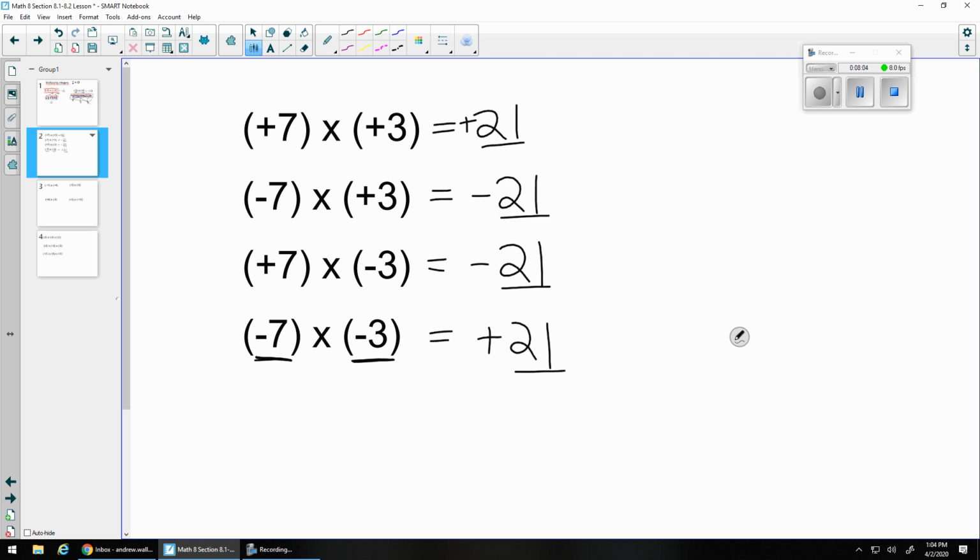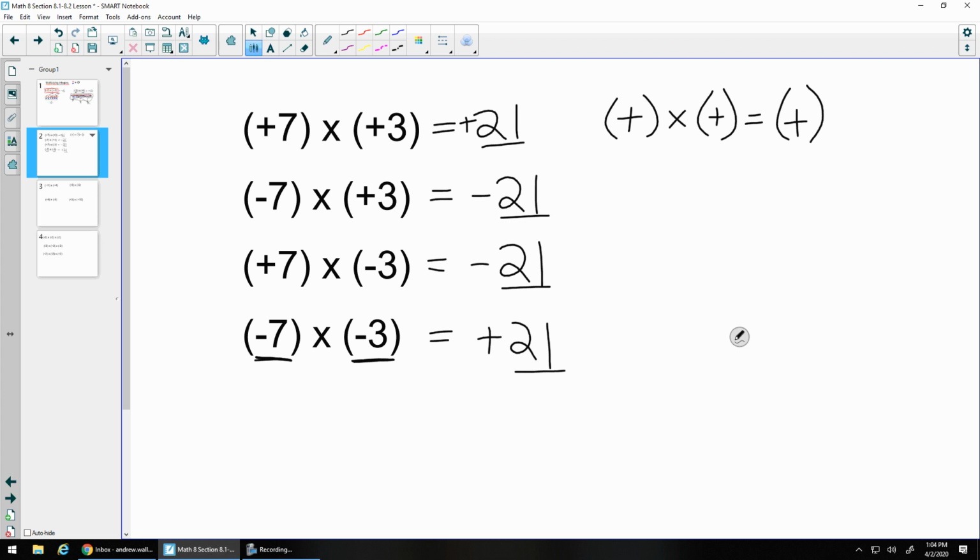So here's sort of the rule that we can get to. In our first case, a positive multiplied by a positive is equal to a positive. That's just normal multiplication. Second case, a negative multiplied by a positive is equal to negative.